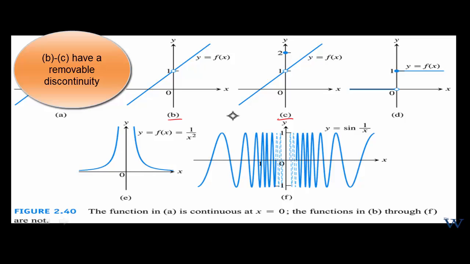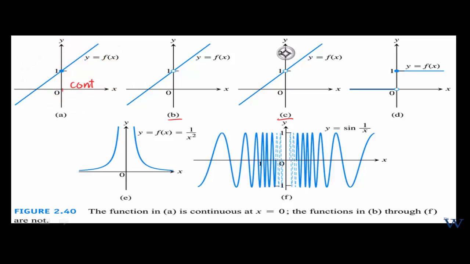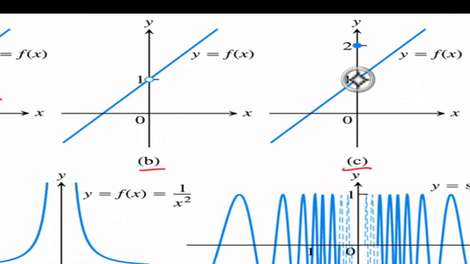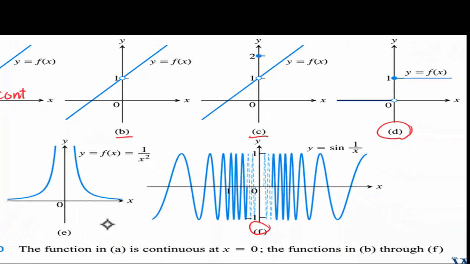We can remove the discontinuity by redefining the y value at the point x equal to 0 and letting it be equal to the limit value. And here, same thing. You just scoot down and move that point and make sure that it plugs up the hole. And of course, D, E, and F are the types of discontinuities that we cannot remove.